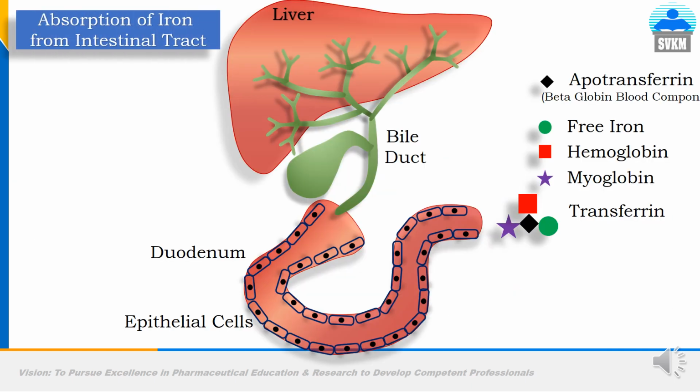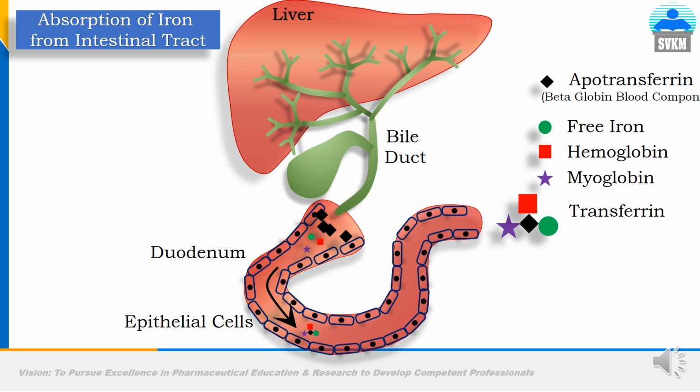Now the absorption of iron from the intestinal tract. The liver cells start to produce apotransferrin, which is released into the bile, and through the bile duct it comes into the duodenum. In the duodenum, the apotransferrin, which is a beta globulin blood component, combines with free iron, hemoglobin and myoglobin, which results in the formation of transferrin.